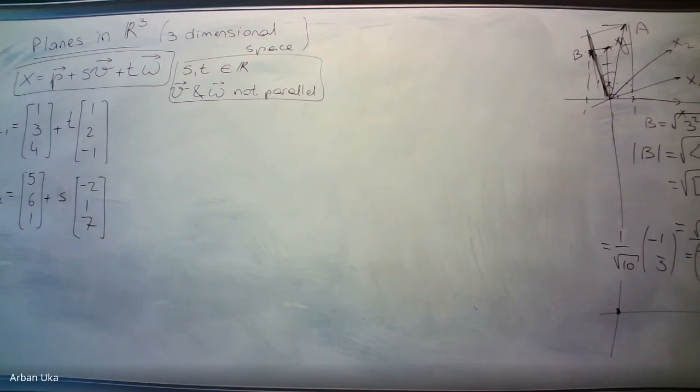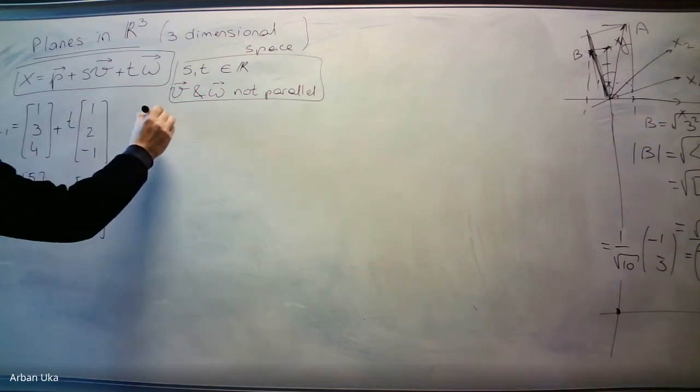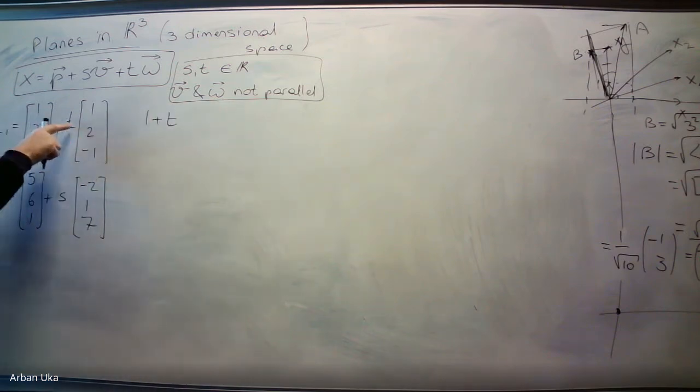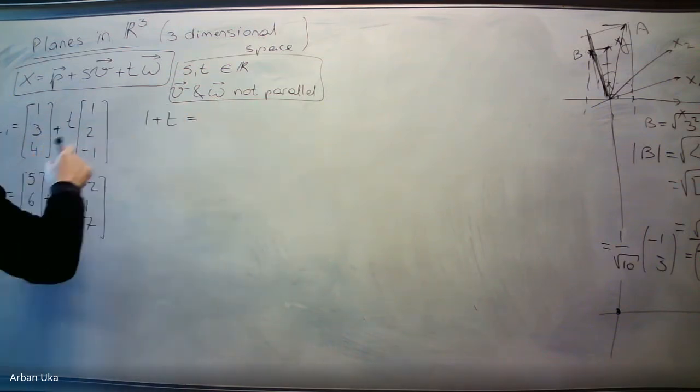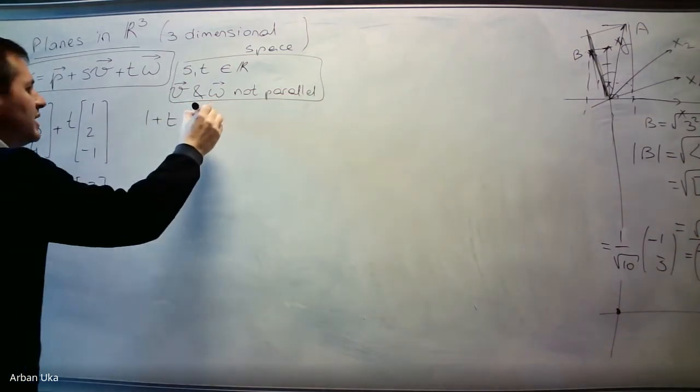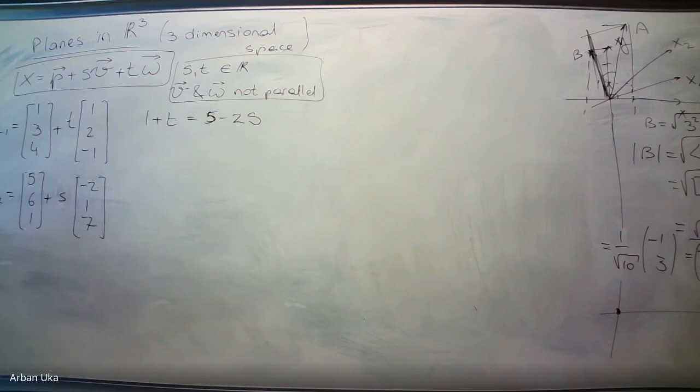We can try to check if 1 plus t is ever equal to 5 minus 2s. We have two unknowns, so we need two equations, right?